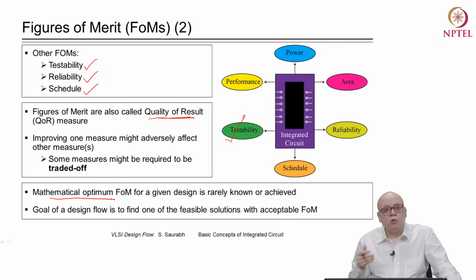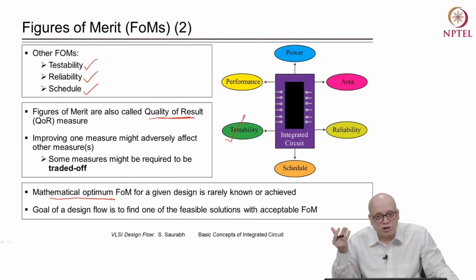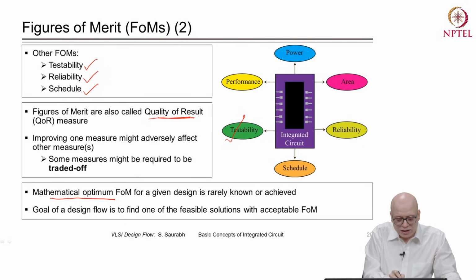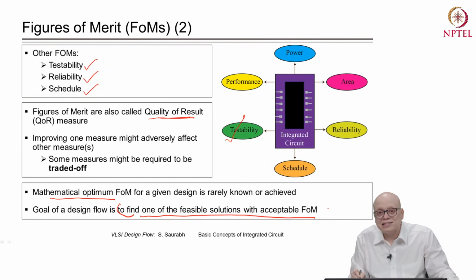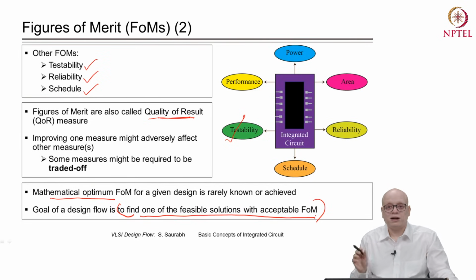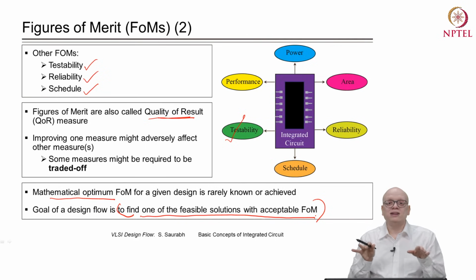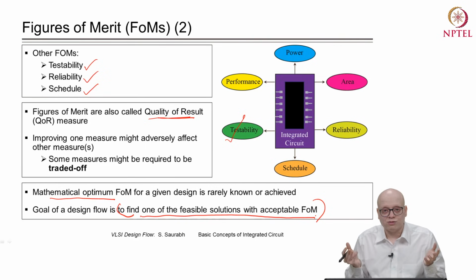That's why the goal of a design flow is not to go for an optimum solution, because most of the time we do not know the mathematical optimum. The goal of design flow is to find one of the feasible solutions with acceptable figures of merit. So we design such that we get a feasible solution and the figures of merit are acceptable as per our requirement. So this is the design goal.